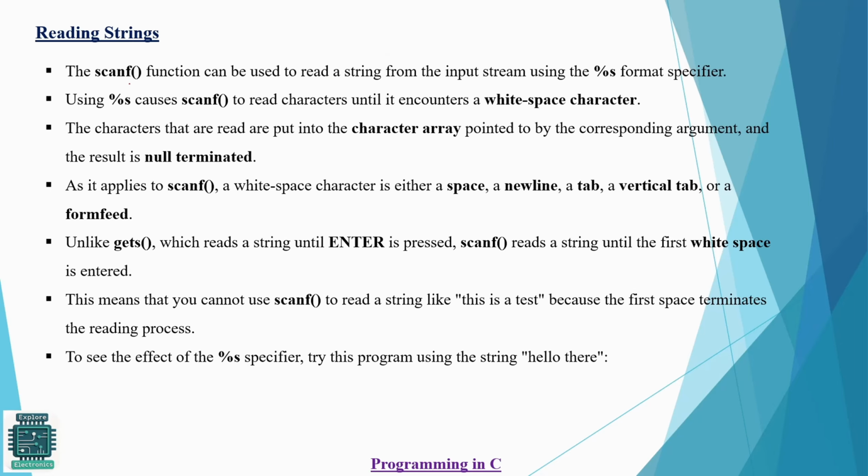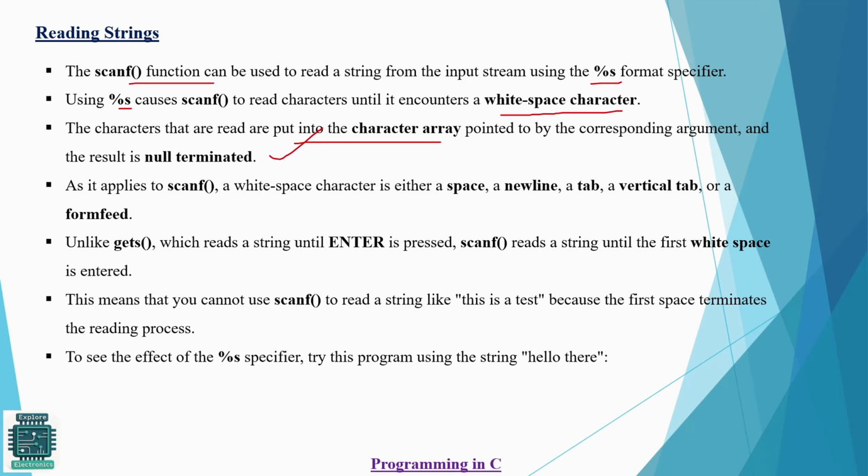The scanf function can be used to read a string from the input stream using the %s format specifier. %s causes scanf to read characters until it encounters a white space character. The characters that are read are put into a character array pointed to by the corresponding argument, and the result is null terminated.